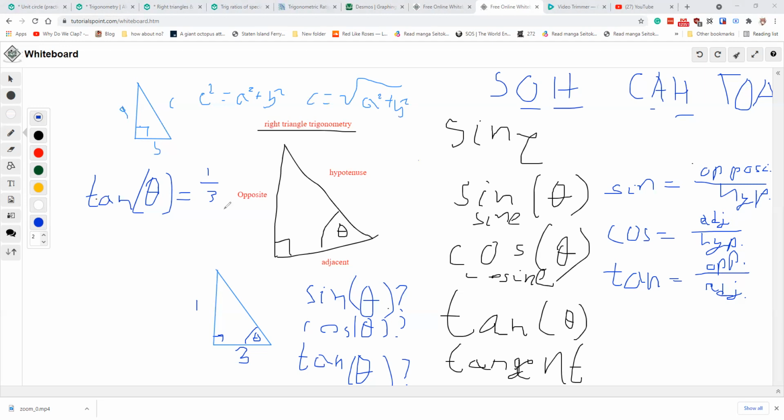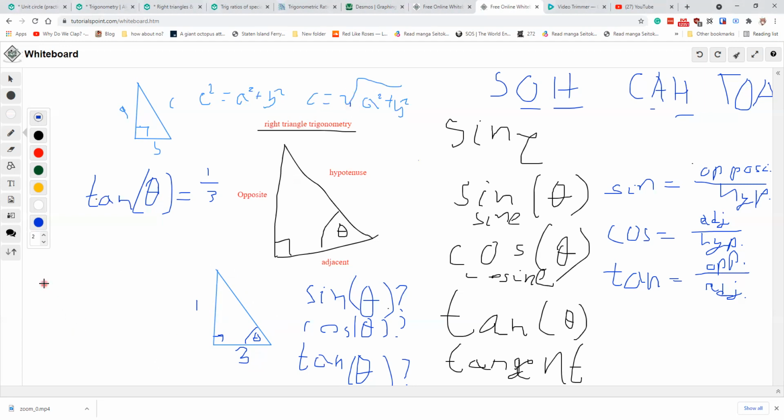And so, in this case, let's go back to this triangle right here. We have a right triangle where one of the legs has a length of 1 and the other leg has a length of 3. What would the length of the hypotenuse be? It's not going to be a very nice number, but it is something we can write using the square root sign.